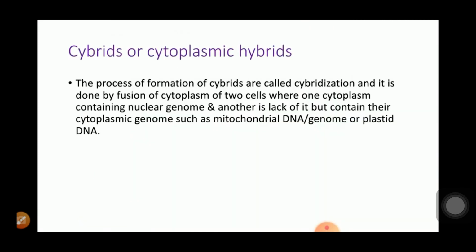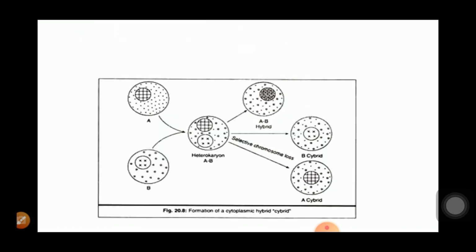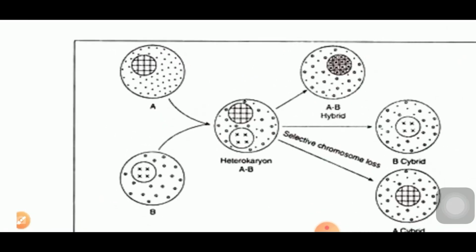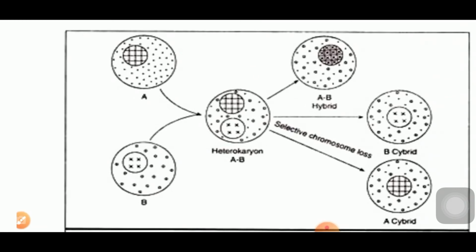Now come to the cybrids. What is the meaning of cybrids? It is also known as cytoplasmic hybrids. As I told, here we are choosing two kinds of cytoplasm, namely A and B. But the distinction between the two is that one cytoplasm will contain its nucleus, that is the nuclear genome, and the other will not have its own nuclear genome.